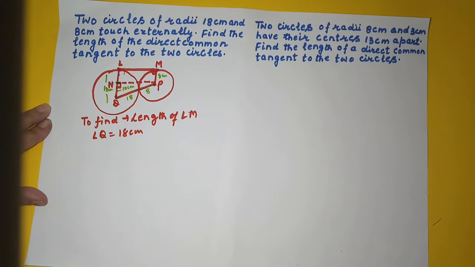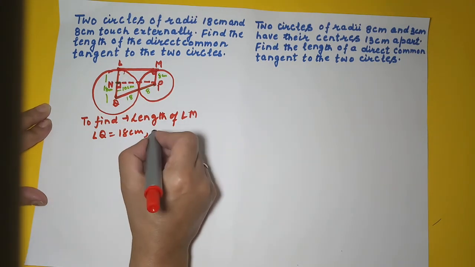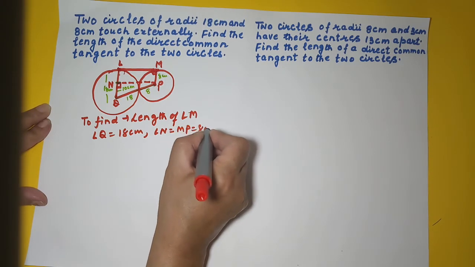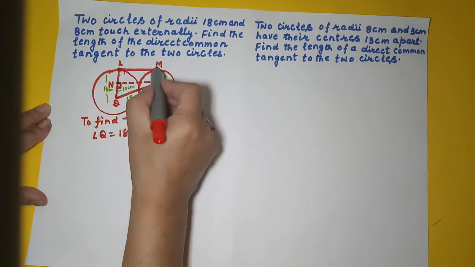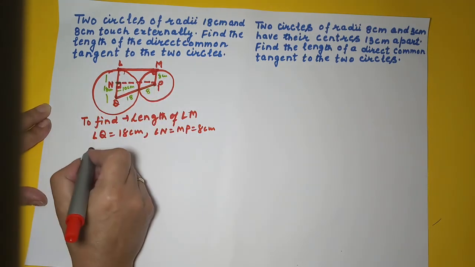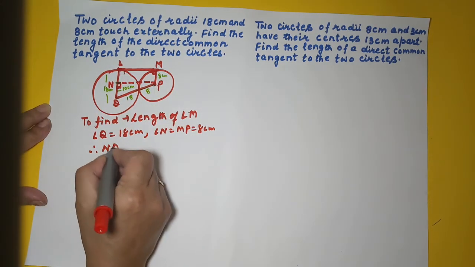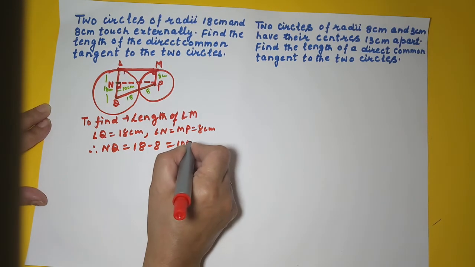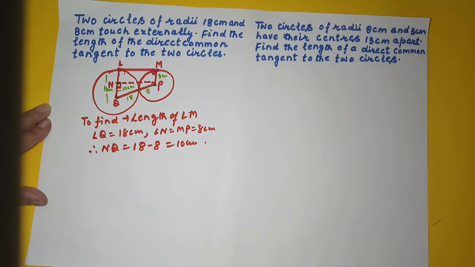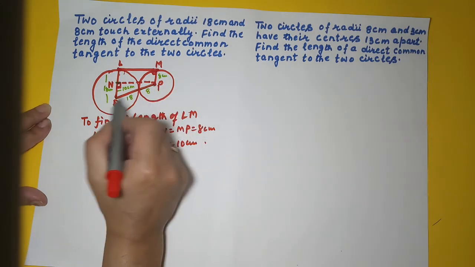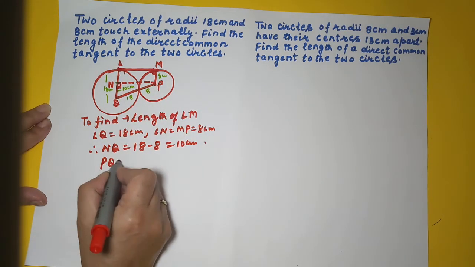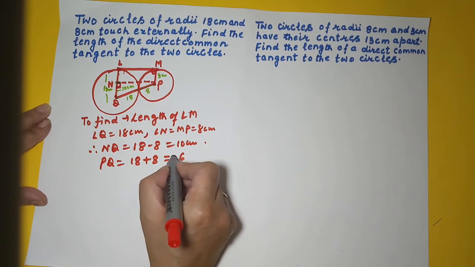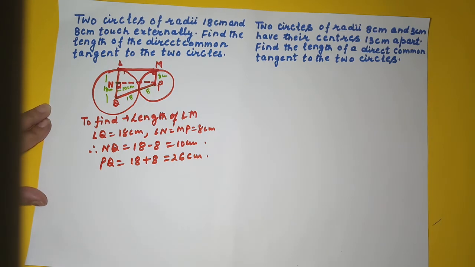LN equals to MP is equal to 8 centimeters. Therefore, NQ will be 18 minus 8, which is 10 centimeters. So I got NQ as 10 centimeters. And PQ is equal to 18 plus 8, which is 26 centimeters, right?